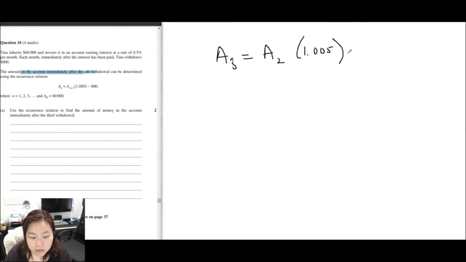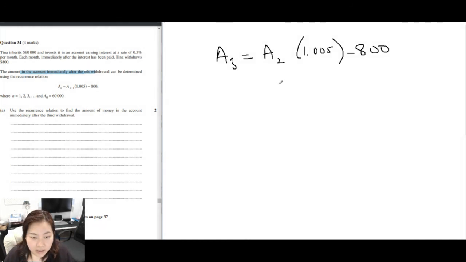Okay, easy enough. This is the amount immediately after the nth withdrawal. We want the amount immediately after the third withdrawal, therefore A3 is equal to A2 times 1.005 minus 800.